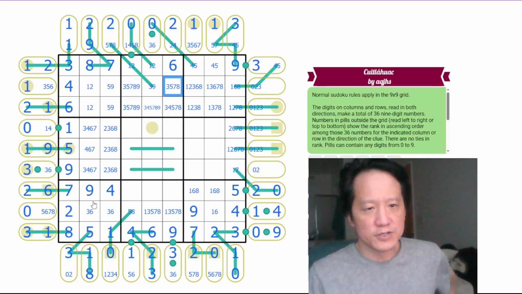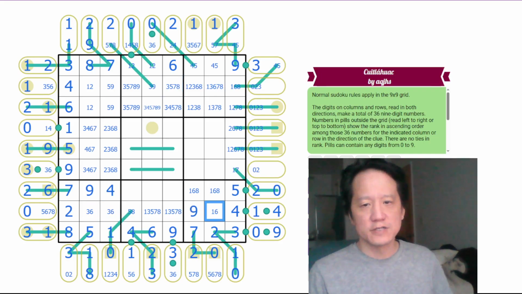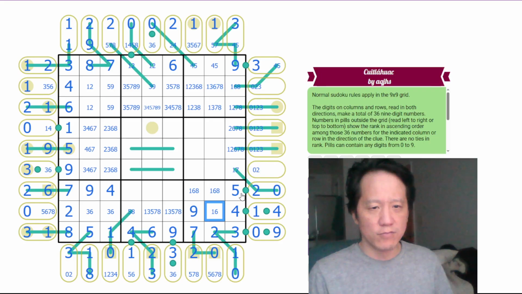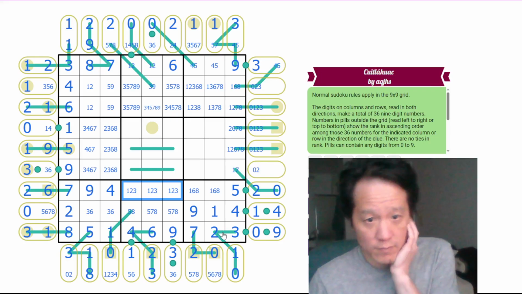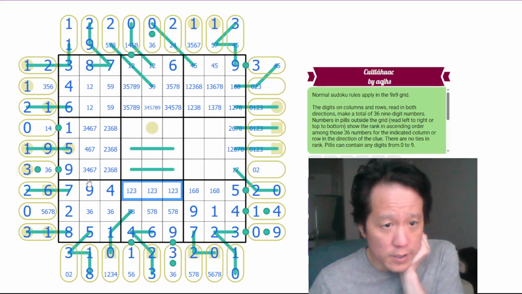Oh, this is a 3, 6, 3, 6 pair, which eliminates 3 and 6 in the rest of the row. So this can't be 3 or 6. This is 1. This can't be 3 or 1. So it's a 5, 7, 8 triplet, which means this is 1, 2, and 3.